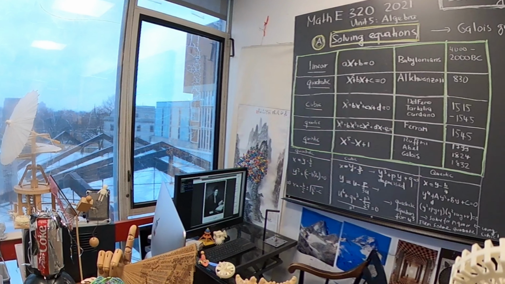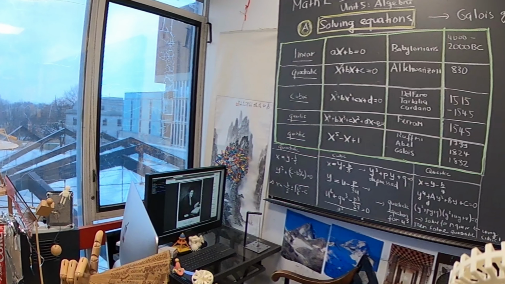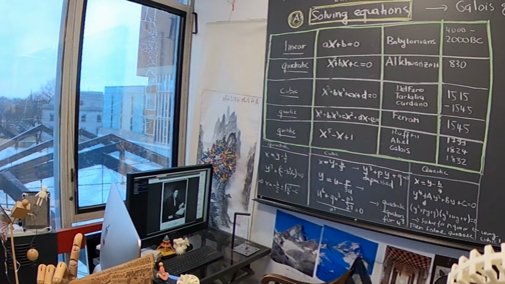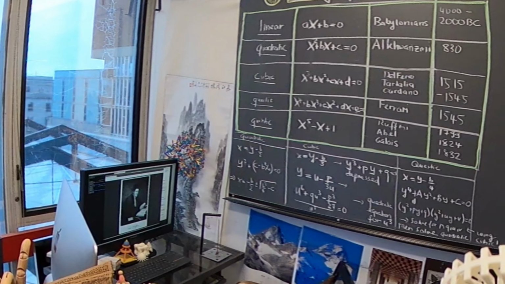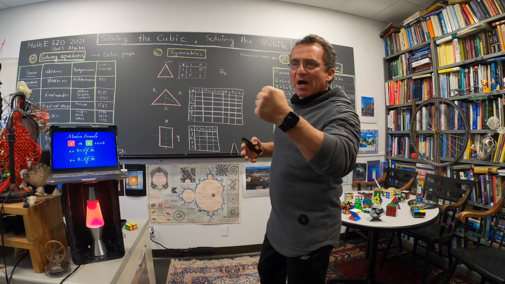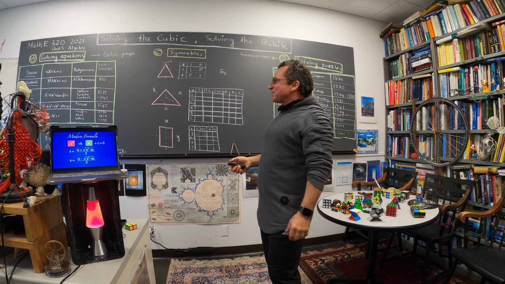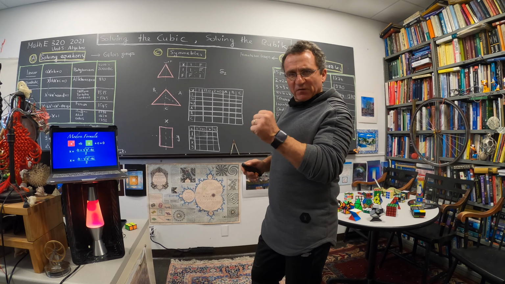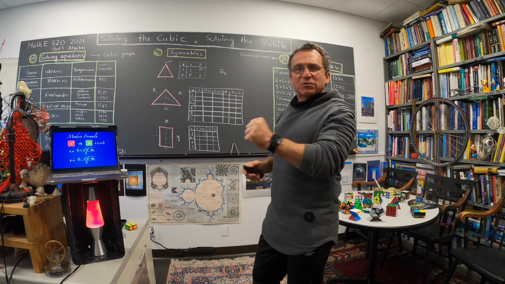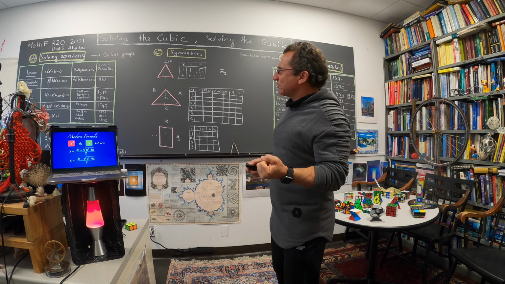It's always a reduction step, so you see, maybe you can see it on the board, one always first depresses the equation. So one gets rid of not the highest power, but the second highest power, and then it's easier. So for the quadratic equation, if you get rid of the middle part, the linear part, then you have only ax squared plus b is equal to 0, and then you can solve it by taking a square root.